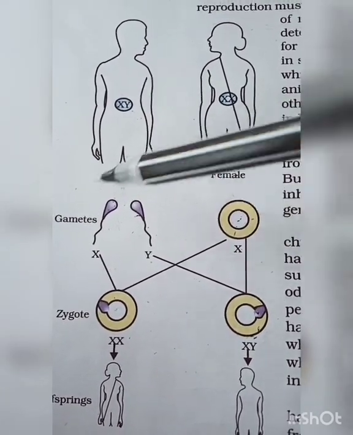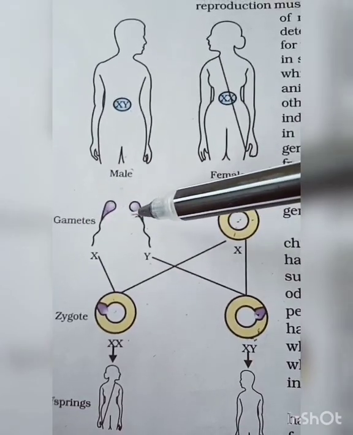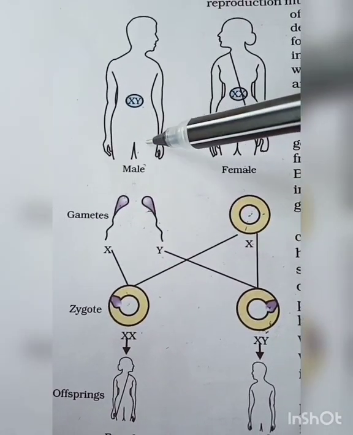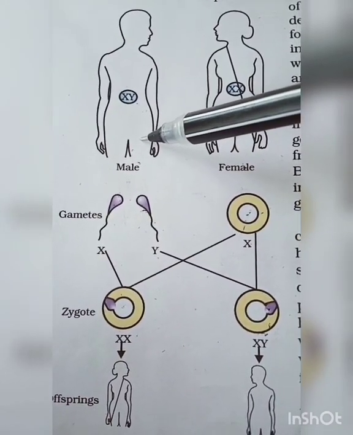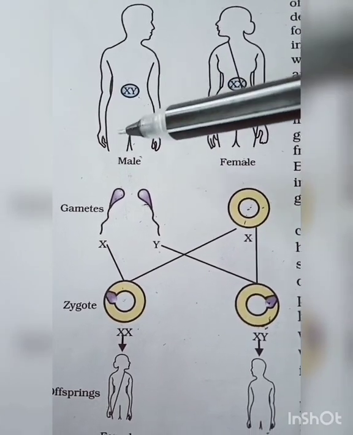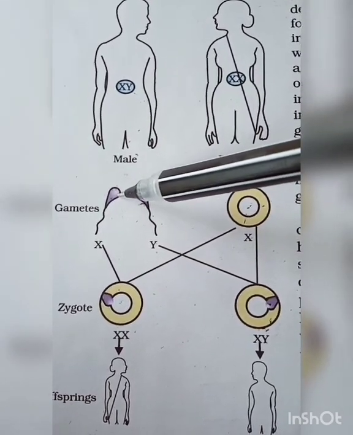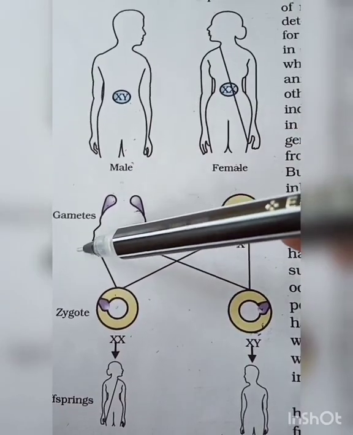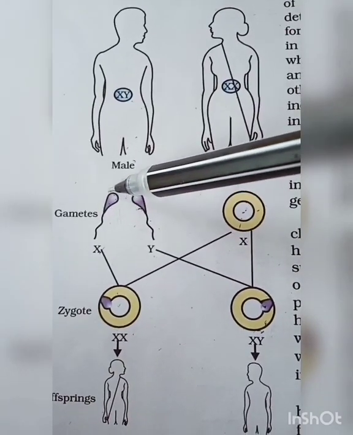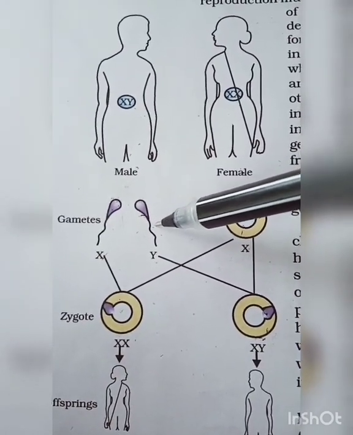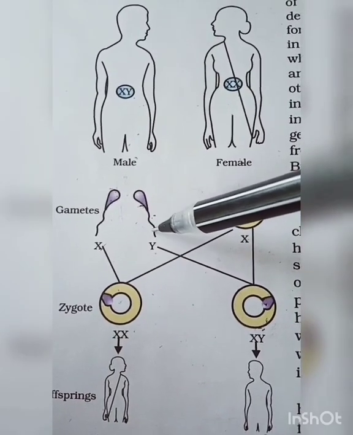Male can produce sperms as their gametes. A male can produce millions of sperms at a time. So 50% of the sperms contain the X chromosome and the remaining 50% contain the Y chromosome.